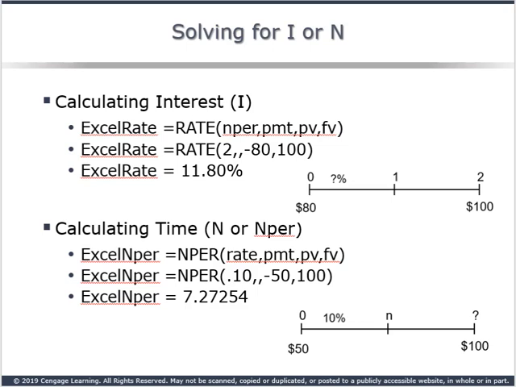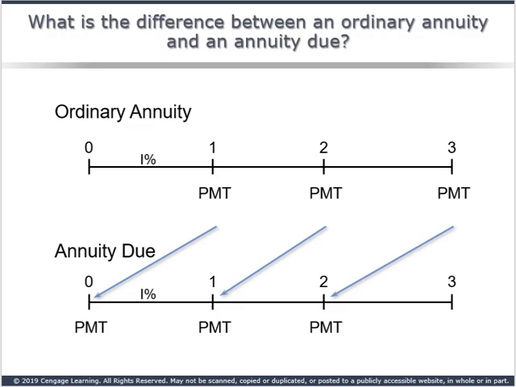The next component is talking about annuity. Annuity is very important, especially when you get to the valuation of bonds, which you'll see in chapter 4, or in week 4. So when we're talking about annuity, there's two types. There's the ordinary annuity. This is the one that we talk about the most in finance because the payment happens at the end of the period.